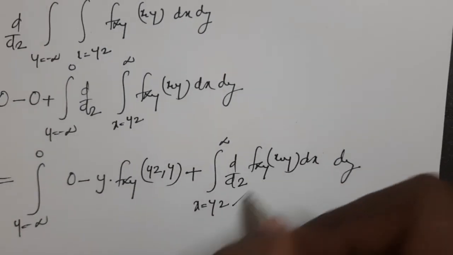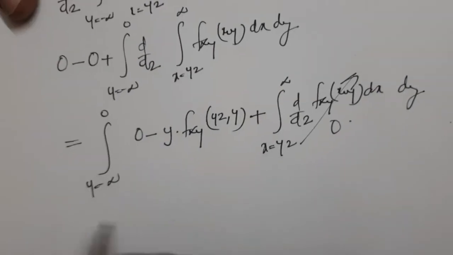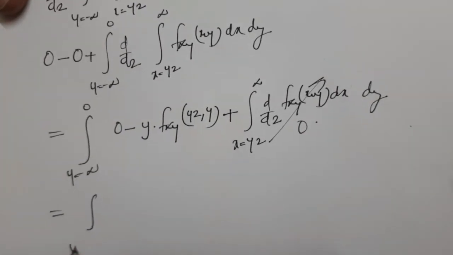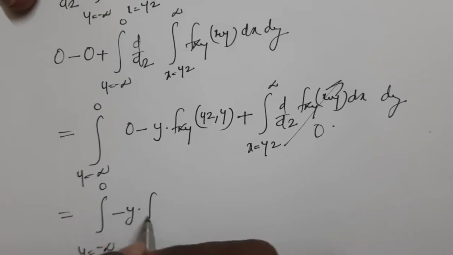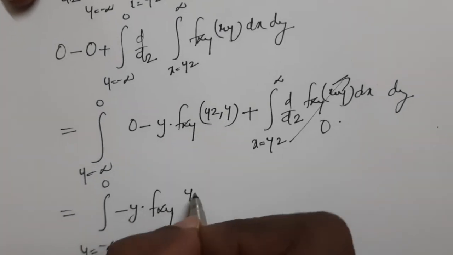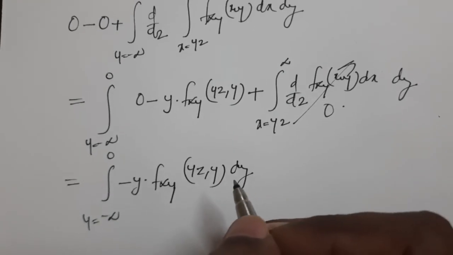This is 0 since it is independent of z. So finally we get the integral y equal to minus infinity to 0 of minus y fxy(yz, y) dy.